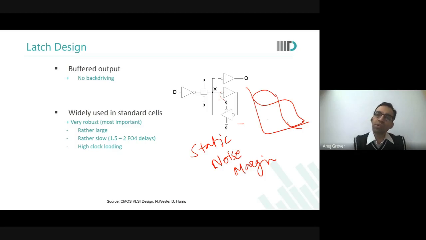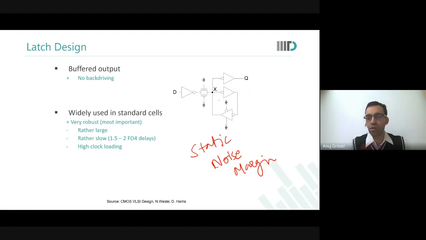If your latch is asymmetric, the butterfly curve becomes like this, and SNM is the maximum square you can put in one of these lobes. Since the square size reduces, your noise margin reduces, and this is what you do not want. You want a symmetric latch so that your noise immunity is high.